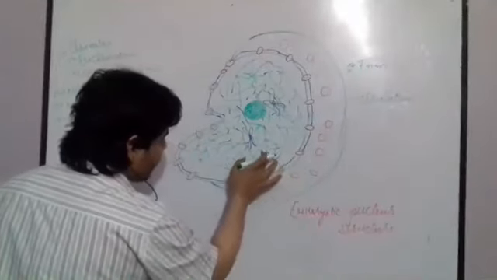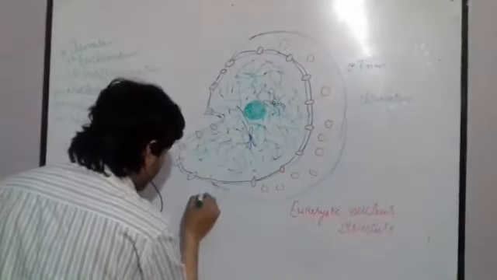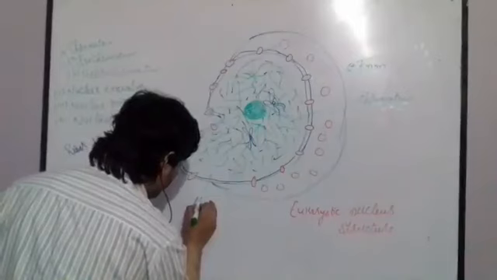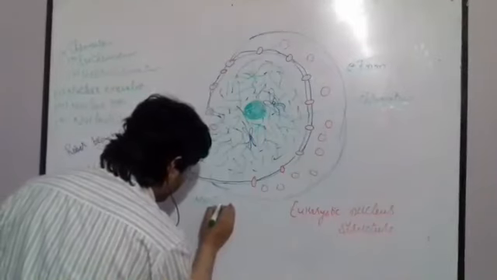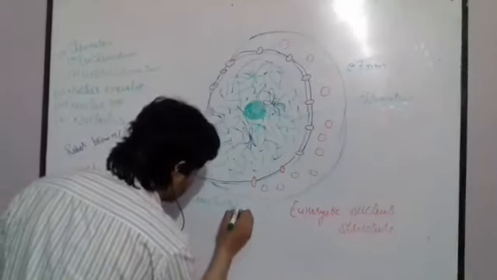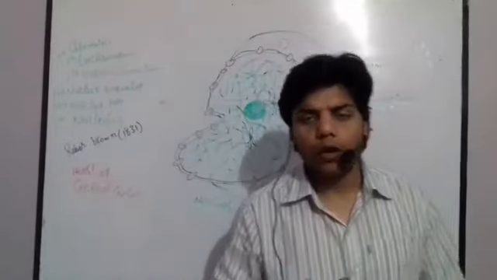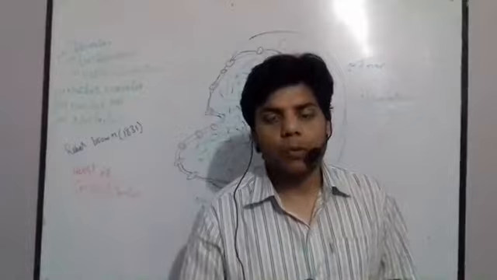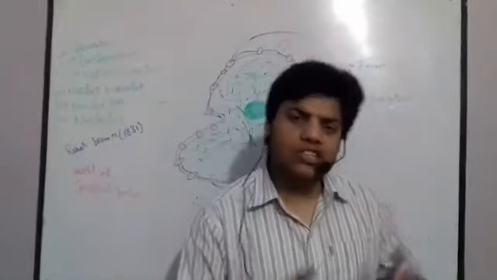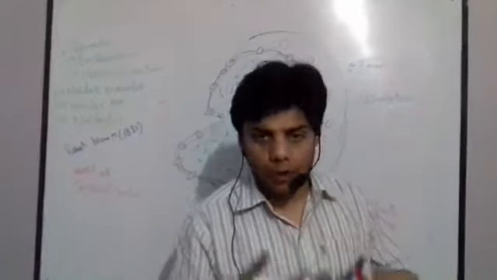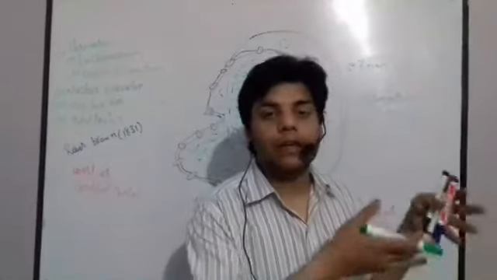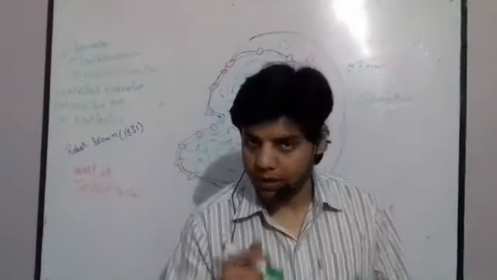This white area, as you are watching, is called nucleoplasm. Now what is nucleoplasm? Nucleoplasm is a fluid or liquid that is present inside the nucleus. Just like in the cell, cytoplasm is the fluid, similarly in the nucleus, the fluid is the nucleoplasm.